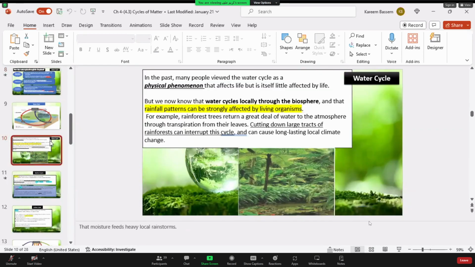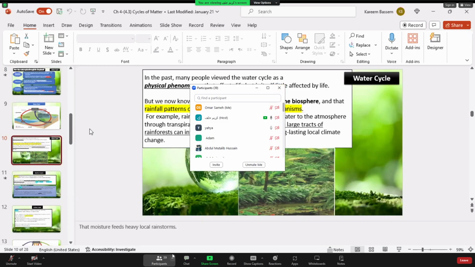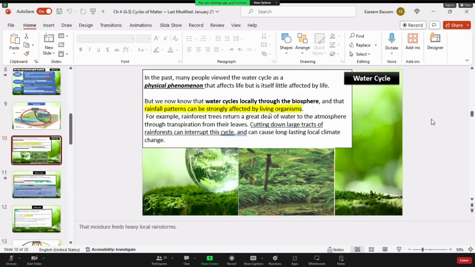Then we had to mention an important part: the water cycle is a physical phenomenon. We understand that the act of water cycling is a physical phenomenon, but human activities can also affect it. We described this through maybe removing large areas of plants or forests through deforestation, or the opposite, through forestation, or adding a large amount of trees and plants.